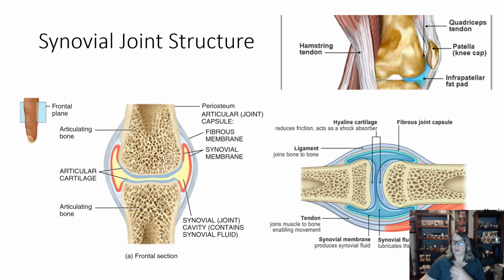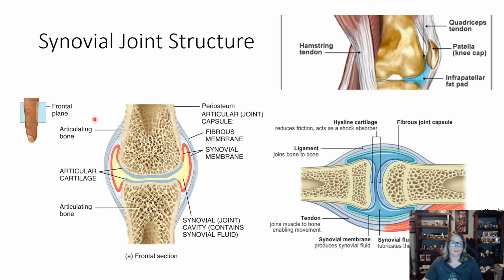One of the most obvious fat pads is the infrapatellar fat pad. So infra, below, patellar, patella, and it's a fat pad. There's a little bit of fat here inside the synovial cavity that helps with cushioning of the patella.